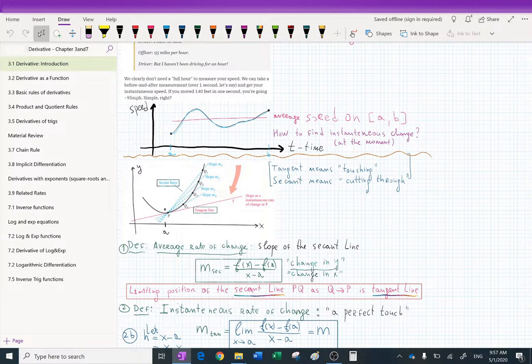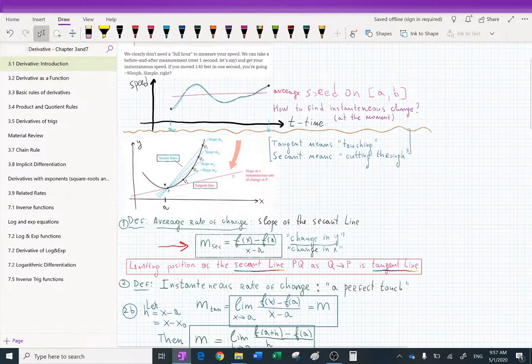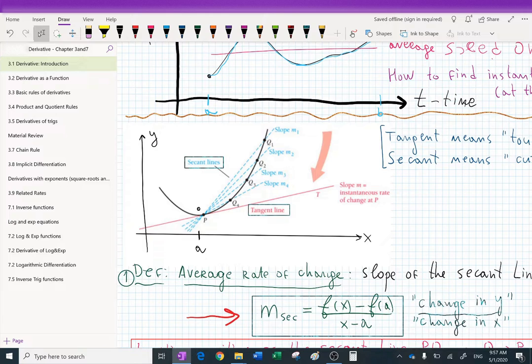The secant line here is the ratio of the change of the outputs over the change of the inputs, basically change in y over change in x. But if we keep moving the secant line so that it touches the function only at one point, then it becomes a tangent line. So the tangent line is literally a limiting position of the secant line.